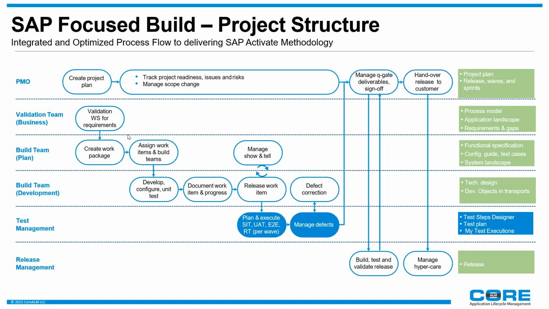It's important to mention here that Solution Manager and Focus Build are process-driven tools. So we have a process that we're trying to deliver, and this process we need to build and we need to test. And in the future, when we go live, we can monitor this process. So it's a process-driven tool. That's a major difference from Jira and Azure DevOps, which are not process-driven tools.